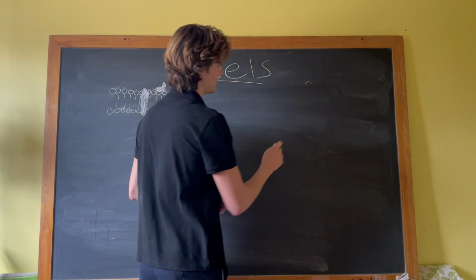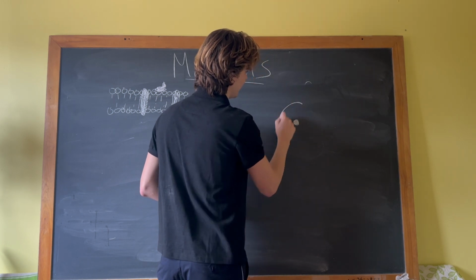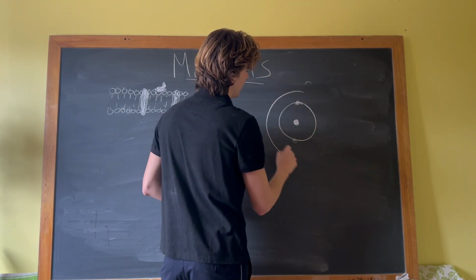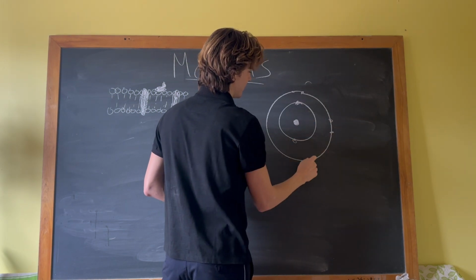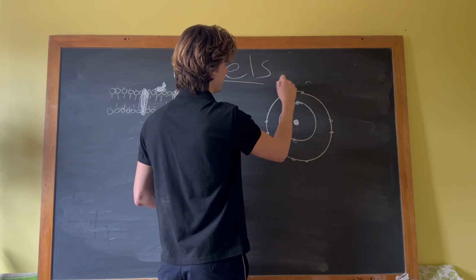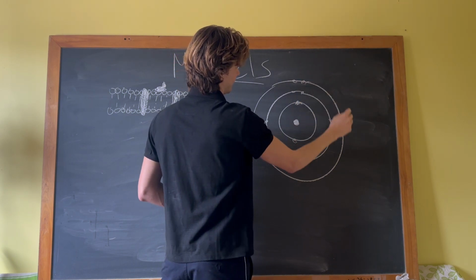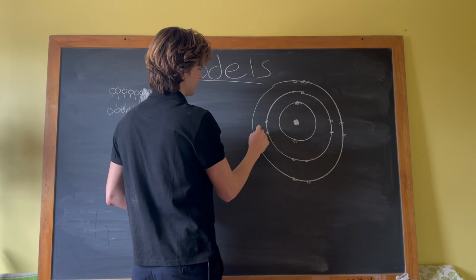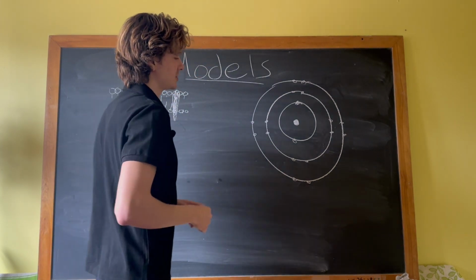So another model that's very poor is the model of the atom, right? And really, it's so useless, right? Except for when it comes to chemistry and biochemistry. Because all of these electrons, this is the most probable area for these electrons to be.